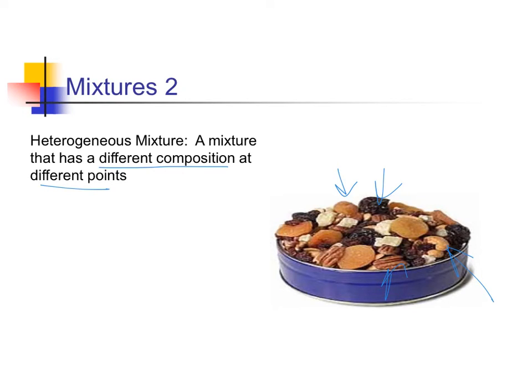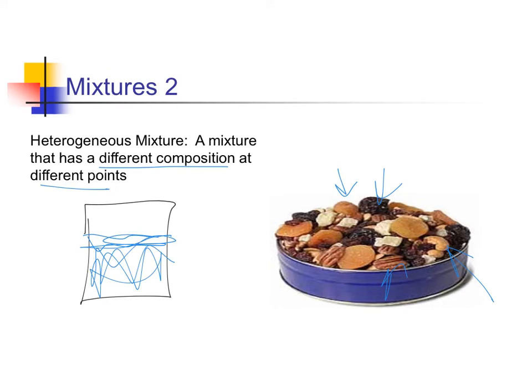So we can easily pick out the different parts of that, and another good example of that would be if I had a beaker of water. I got some water in here, and if I put in some red, you can see there are different parts in there.